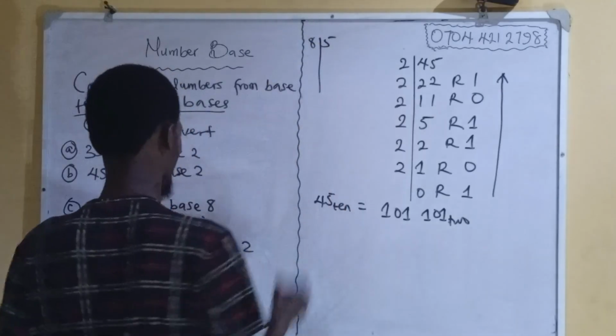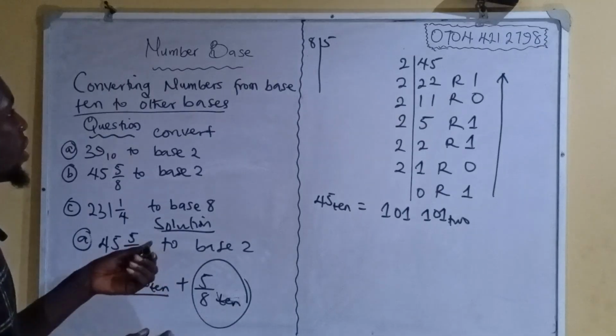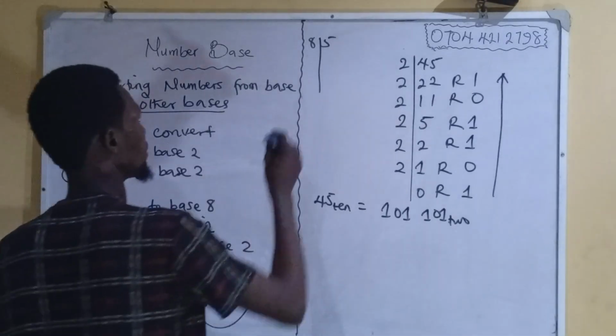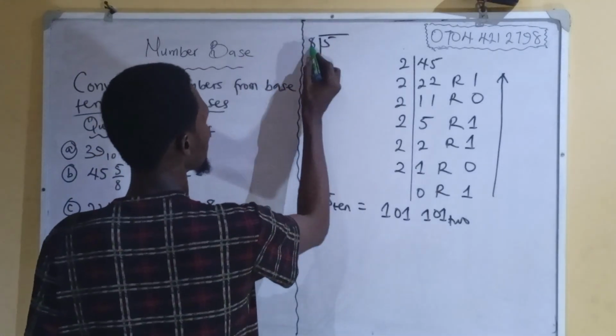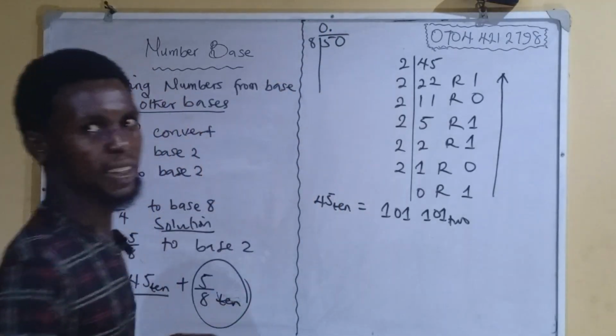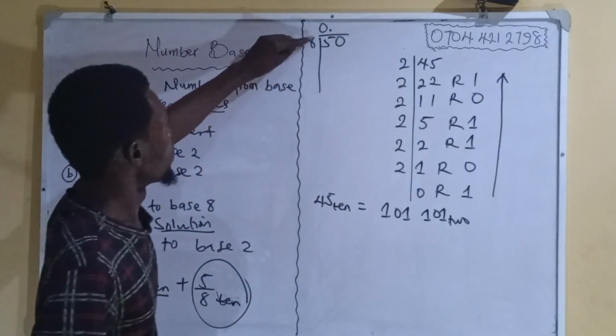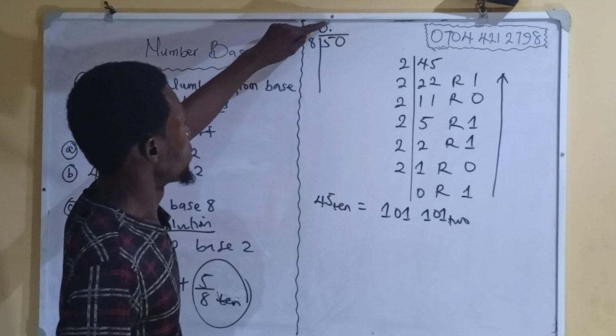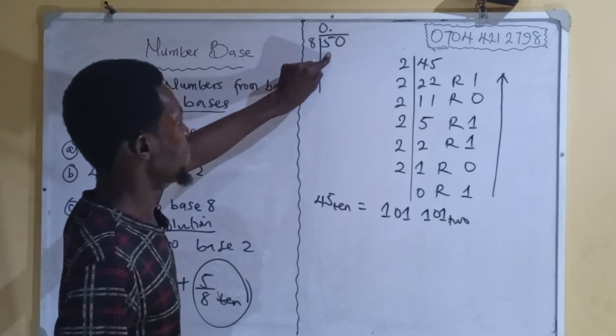Remember that time in primary school how we used to convert numbers from a fraction to decimal. 8 goes to 5 cannot, so you put 0 point and then multiply the number by 10.